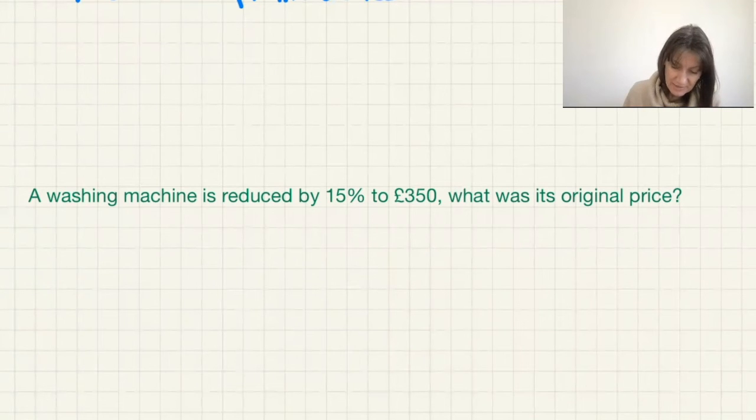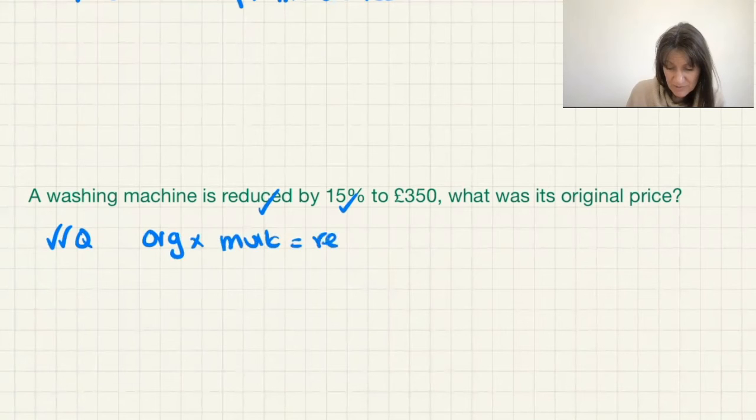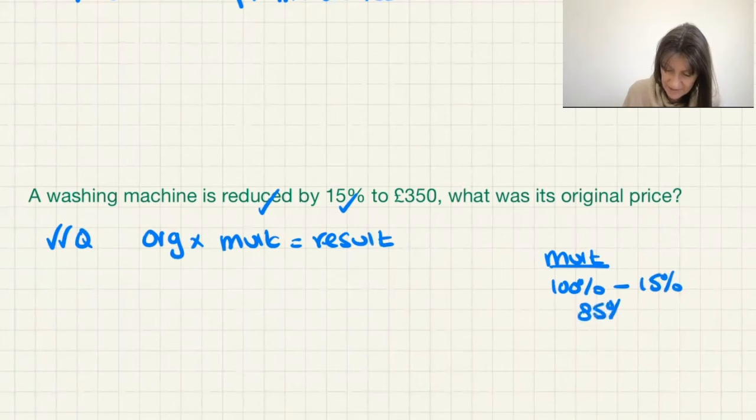Okay, so this is a reduced question, 15%. I've got my 2-tick question. So it's original times multiplier equals result. My multiplier is 100%. It's a decrease, so take off the 15%, and I've got 85%, which is 0.85.